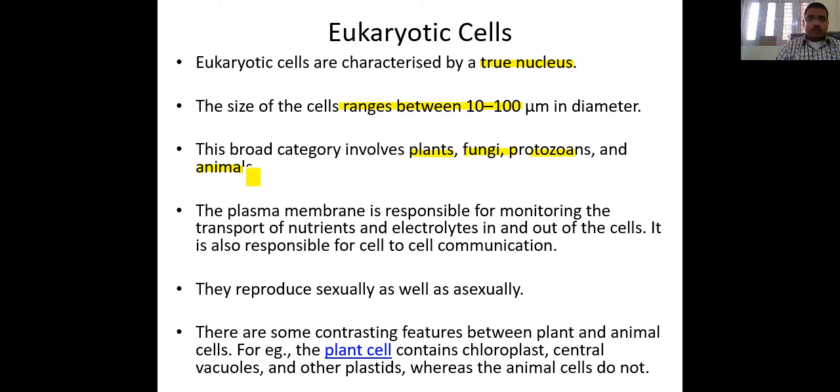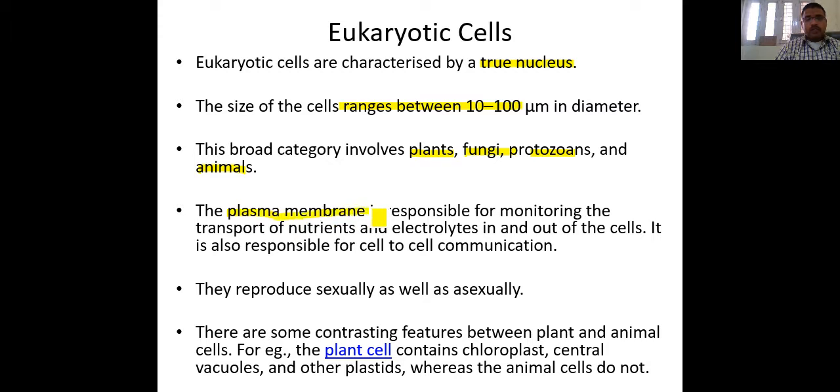Now, in all the cells, the transport of nutrients and electrolytes is monitored, and that is done by the plasma membrane.